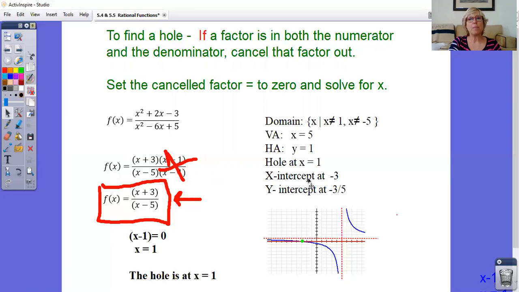The x-intercept was -3 and the y-intercept was -3/5. But what I'm concerned about is, how do you find a hole? You set one of the binomials that you canceled out equal to 0, and that's going to tell you where to find your hole at x equals 1. So I'm going to go to 1, and there'll be a little hole right there.